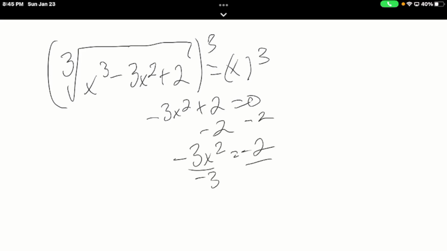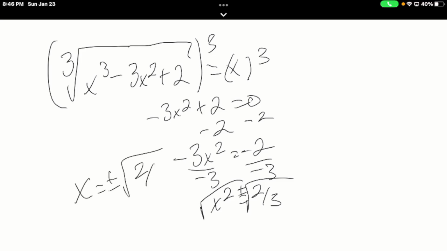Dividing by negative 3 on both sides gives me x squared equals 2/3. If I want to get rid of the squared, I square root both sides. Okay? And I add a plus or minus when I do that. So x equals plus or minus the square root of 2/3. That's the exact answer. It's roughly 0.816 if you were to type it in.